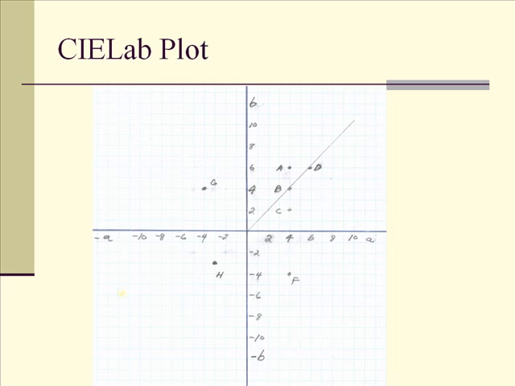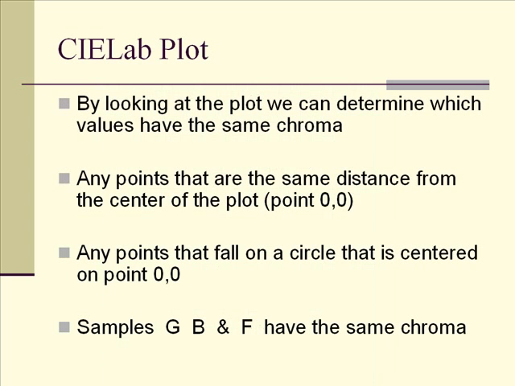Then we can also determine which values have the same chroma. So any points that are the same distance from the center of the plot, again 0,0, or any points that fall on a circle that is centered on that point. So if we drew a circle around the center point, any point on that circle is the same chroma. Samples B, F, and G are the same chroma.